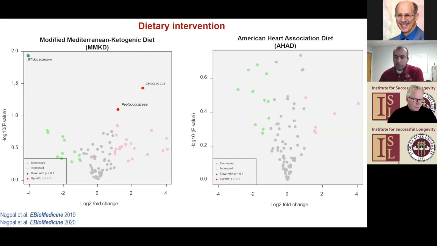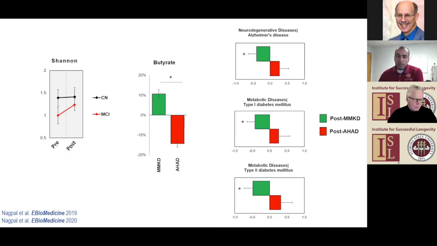What we found was that the American Heart Association diet didn't have any significant effect on the microbiome. On the other hand, the Mediterranean ketogenic diet had a broader effect on the microbiome in these subjects, with several bacteria, like Bifidobacterium, Lactococcus, and Lactococci, being significantly modulated. In addition, this diet increased the microbiome diversity during the 6 week regimen, but this increase was seen only in patients with cognitive impairment.